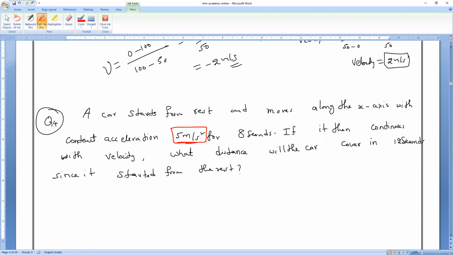From there it is continuing with the constant velocity. Constant velocity means by then what is zero? Acceleration. Acceleration is 0. Is it clear? Everybody? Yes, sir.